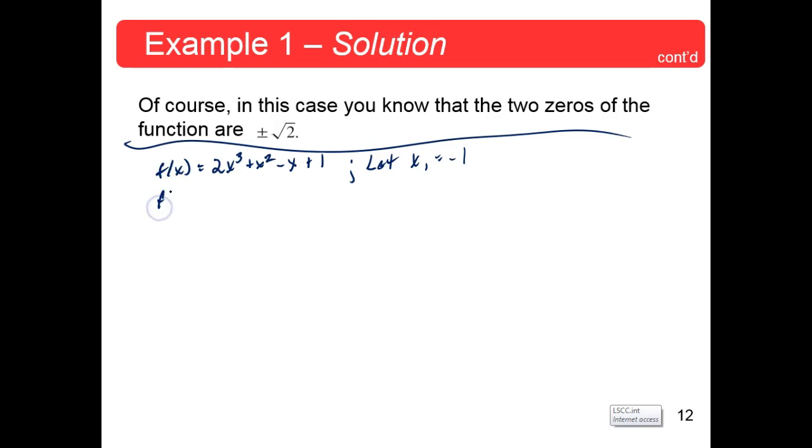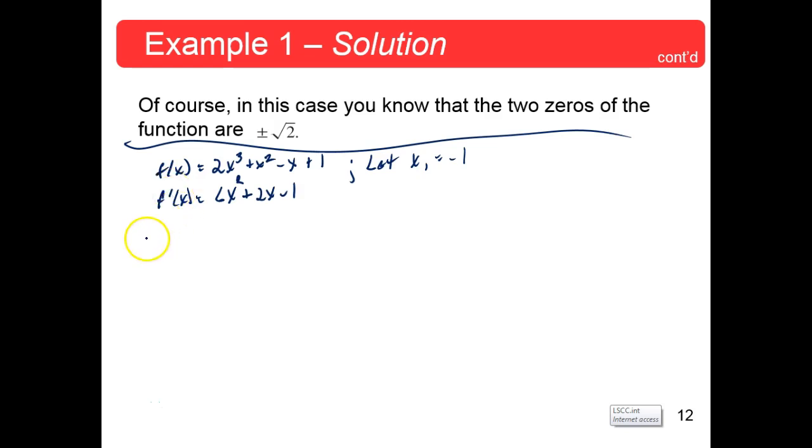Okay? Now, what else do we need to do? Take a derivative. F prime of x is equal to 6x squared plus 2x minus 1. My screen is fluttering like crazy, but so far the power stayed on, so I guess we're okay.